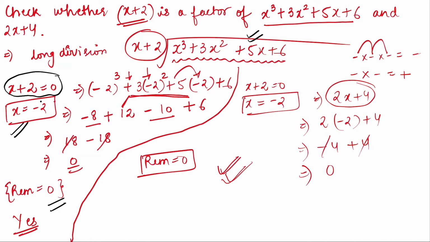It means if we get to the previous step, we had x plus 2 equals to 0. It means x equals to minus 2, we have got it from here. x plus 2 equals to 0. So x plus 2 was a factor of this polynomial.